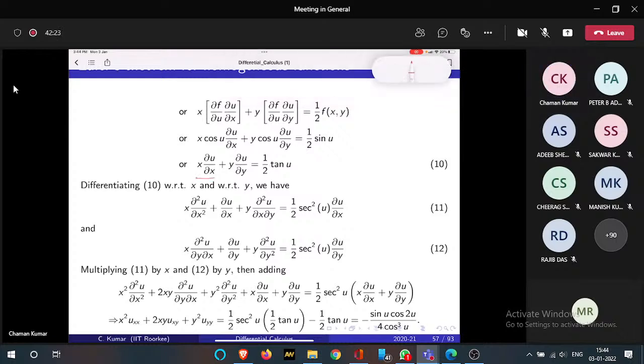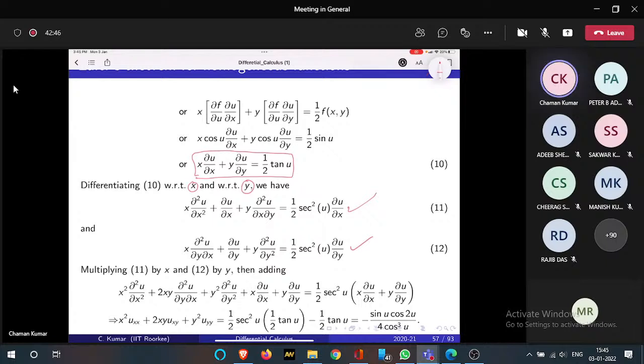Now we differentiate equation 10 with respect to x. You get this one, and differentiate 10 with respect to y. You get this one. You can check these derivatives. I'm not going into detail on how these derivatives are calculated. You know already how to calculate the derivative.